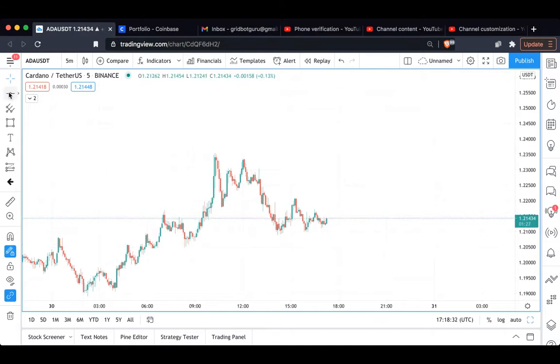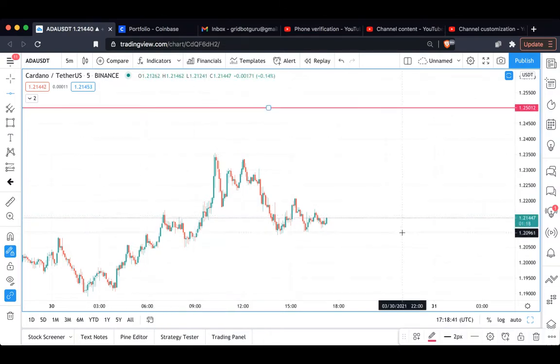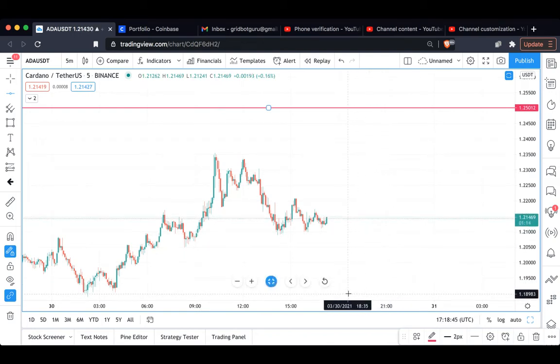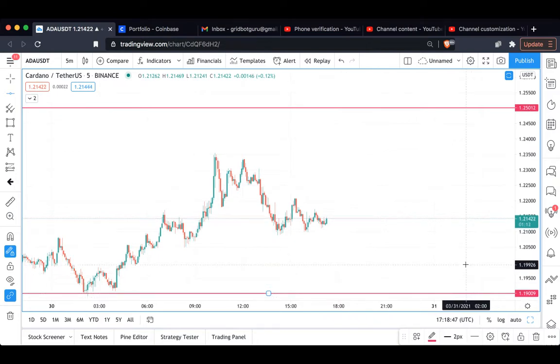I want to do 1.25, and I am literally just picking these numbers, and I'm going to go down here to 1.19. Again, I'm just picking those numbers. This is not something I would recommend doing on a 5-minute chart. Those are going to be my upper and lower levels.